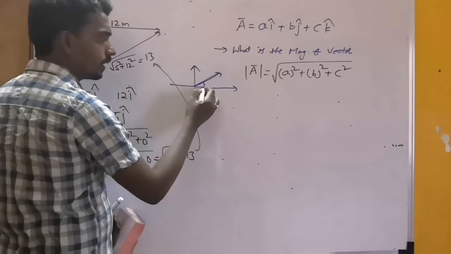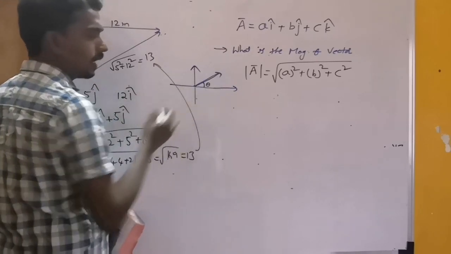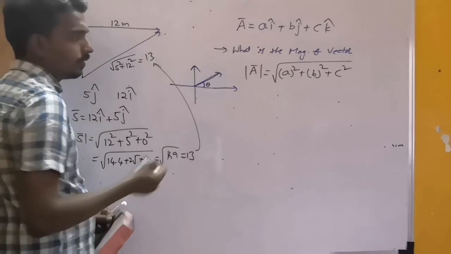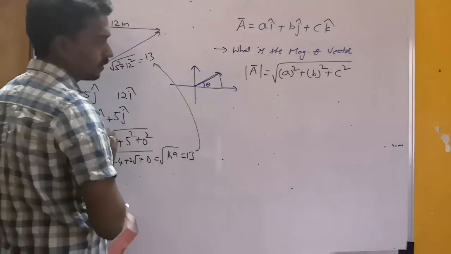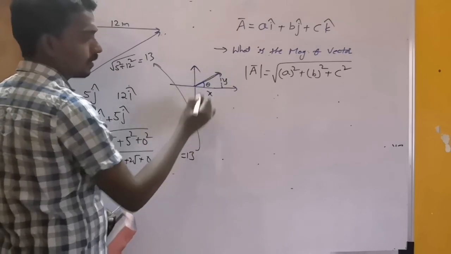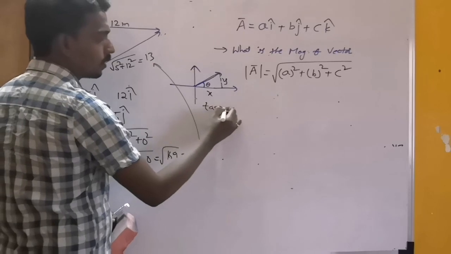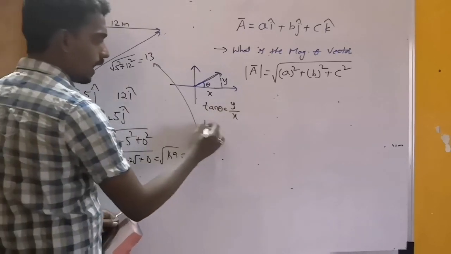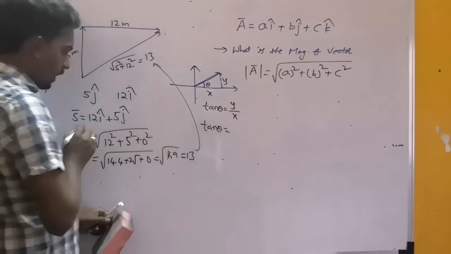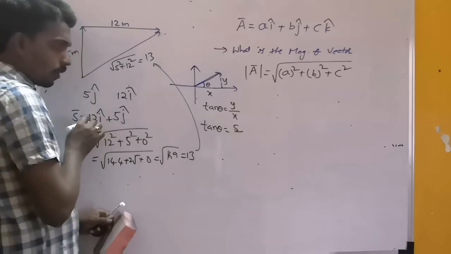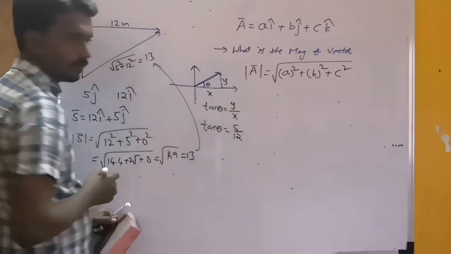Now, here the vector makes some angle with the x-axis. That angle also you can find. This is x, this is y. So tan theta equal to y by x. So here tan theta equal to y component, j, 5, by x component, i, 12.